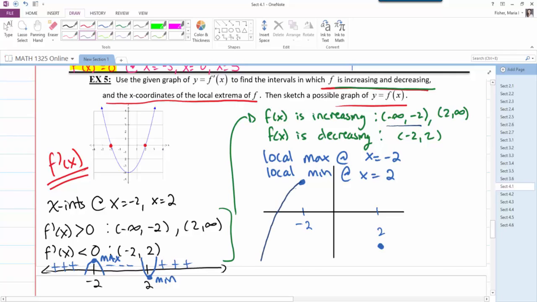And our function is then decreasing between negative 2 and positive 2, so it has to be going down. And then finally, our function is increasing again from 2 to positive infinity, which means it goes back up. So this is a possible graph of f of x. So given that first graph, f prime of x, we can look at the information from the graph and deduce what a possible graph of f of x would look like.